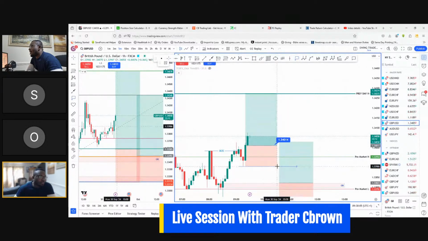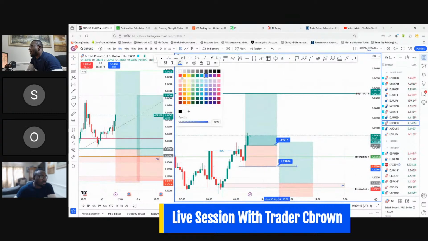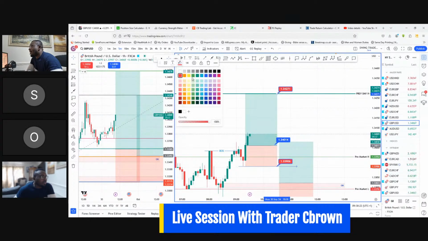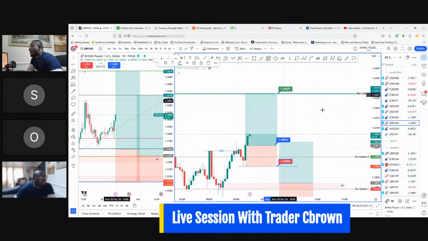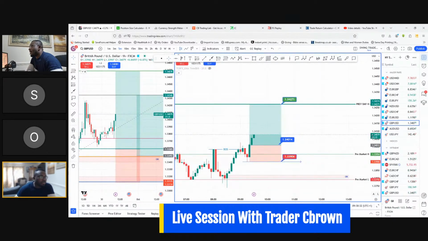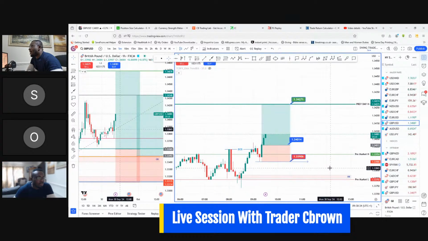This is the stop loss area, and we have our TP here. This is our TP area. Let me delete this part because price is no more coming down there. So we're good to go for now.